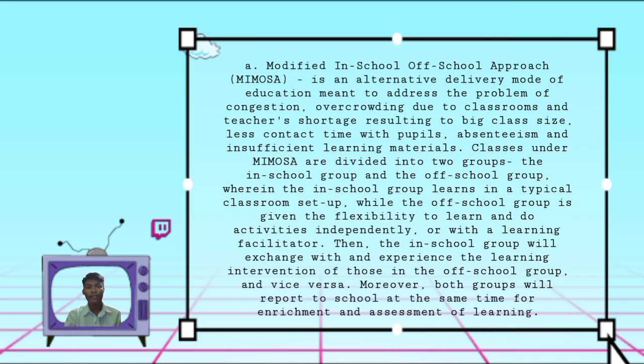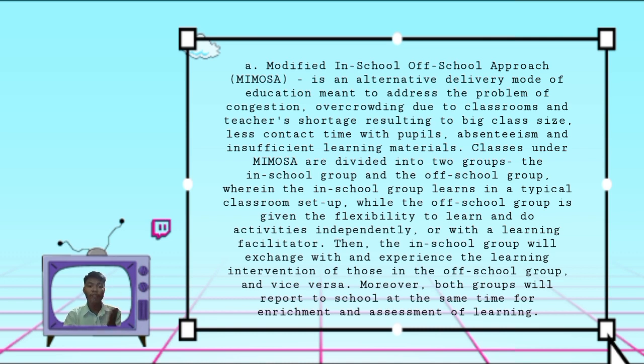Then the in-school group will exchange experiences and learning interventions with the off-school group, and vice versa. Moreover, both groups will report at the school at the same time for enrichment and assessment of learning. So basically, it's two groups with two different setups, but at the end of the day, they will meet at school and exchange what they learned.